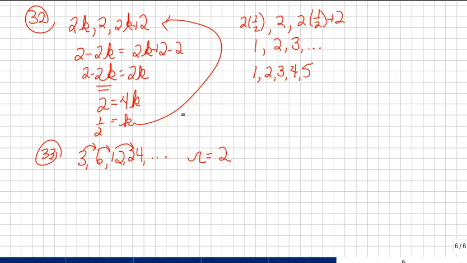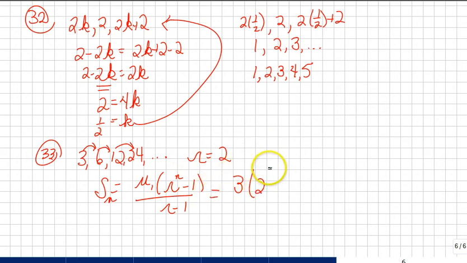So on 33, we want to find the sum of the first 10 terms. So we have to use the formula for the sum of the geometric, which is the sum is equal to u sub 1, meaning the first term, times r to the nth power, subtract 1, all over r minus 1.